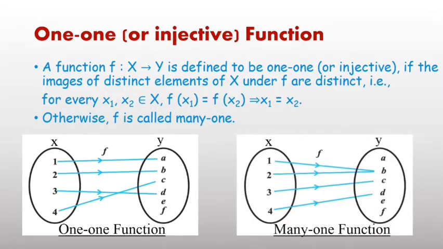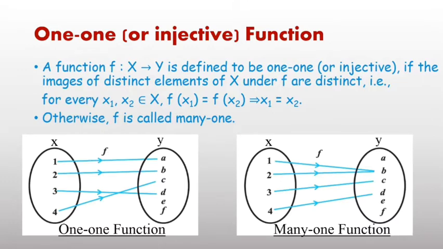In the figure you can easily observe, the first figure is given for a one-one function, also known as one-one mapping. Domain of the function is 1, 2, 3, 4 and codomain A, B, C, D, E, F. Each and every element of the domain is covered here and has its unique image in set Y. And range is here.